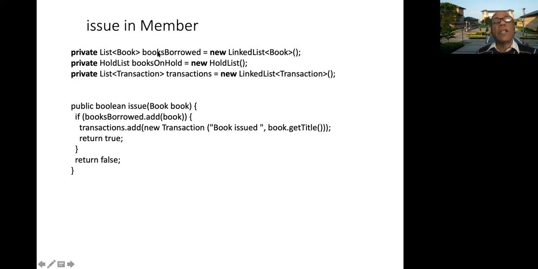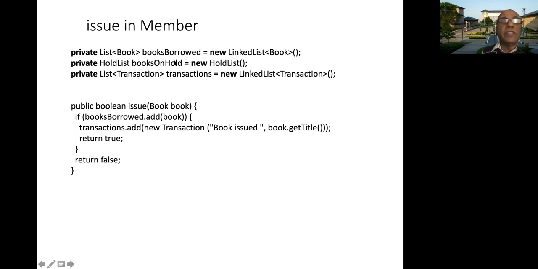If you look at all the functionalities that are required for either the books borrowed for a member or for the transactions created for a member, you don't need anything more than what is provided by the list interface. So there is no need for any custom collection class. But that is not the case with hold.